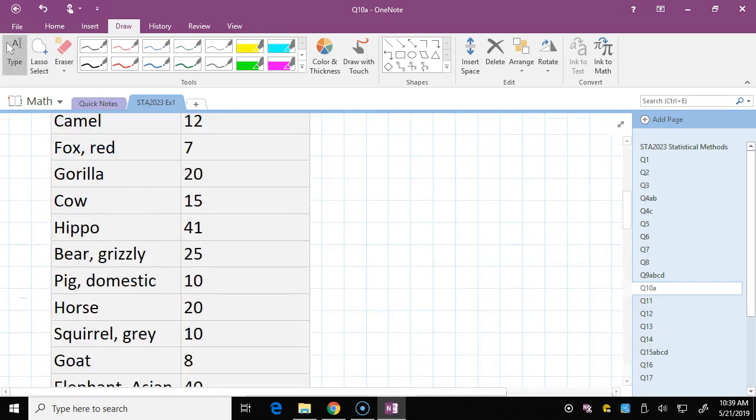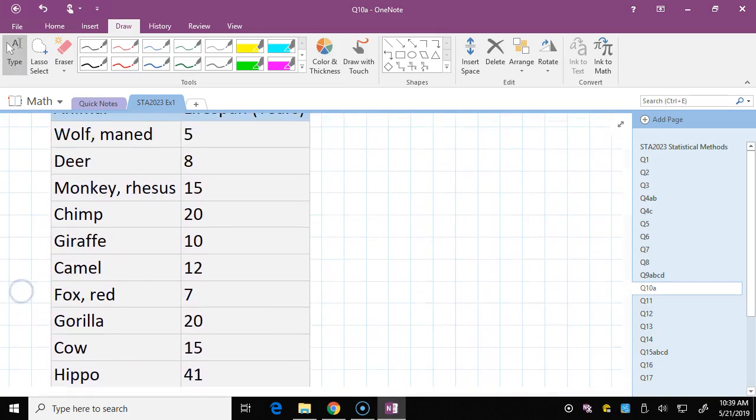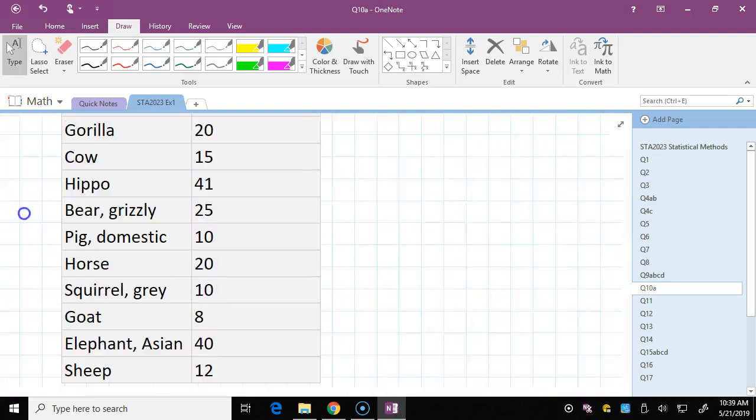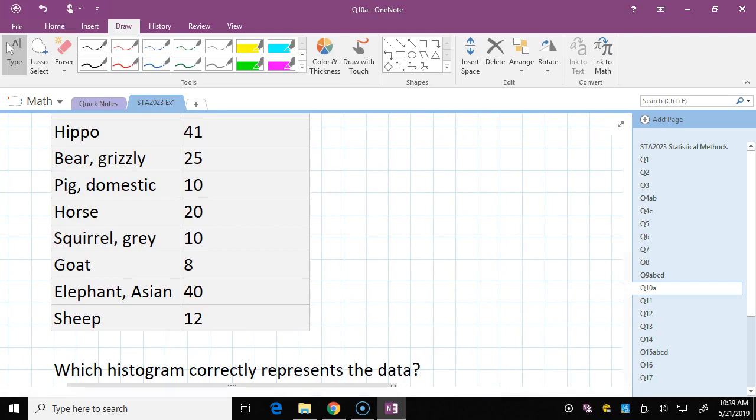All right, so if we come back up in here and I look at maybe the smaller values, I've got 5, 8, 7, 8. So that's about 4, right?